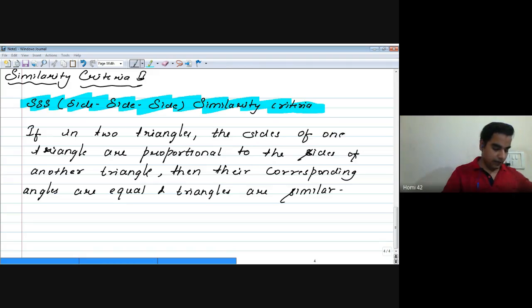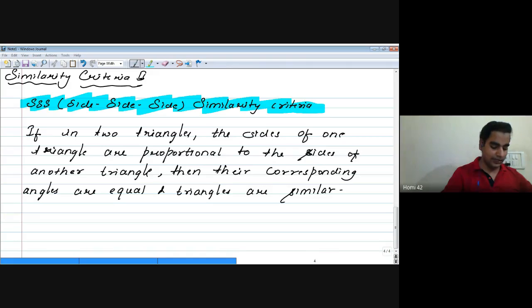Okay, it's not converse, like you want to say converse. Look, I don't think we can say it's a converse of AAA, right? Because in AAA the criteria is different. Here the criteria is different.